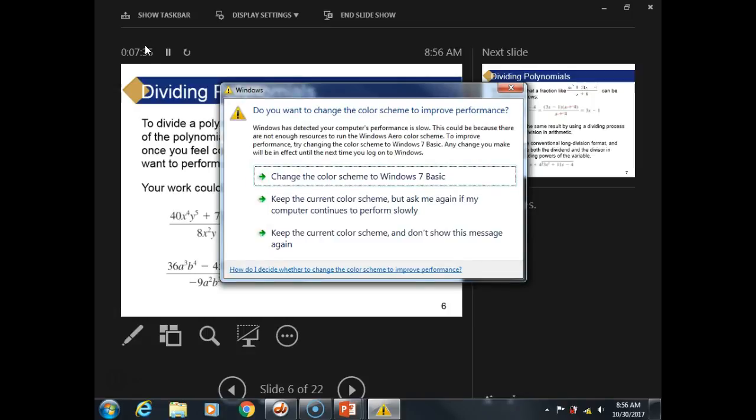Second? 9x cubed y to the 6th. Very good.